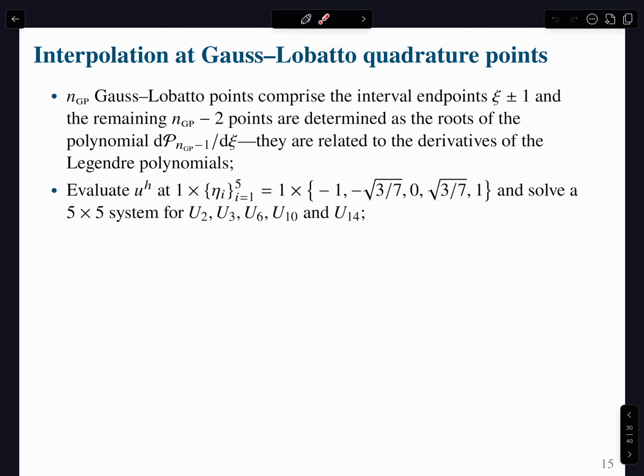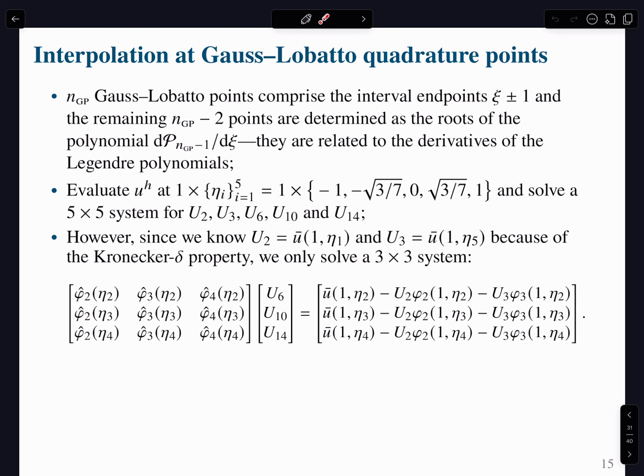But we actually know two of those function values, the ones at the edges. So are we solving a 5x5 system? No. What are we solving? A 3x3 system, exactly. So we take advantage of the fact that we know the values at the ends of the interval to come up with a reduced system that is 3x3.